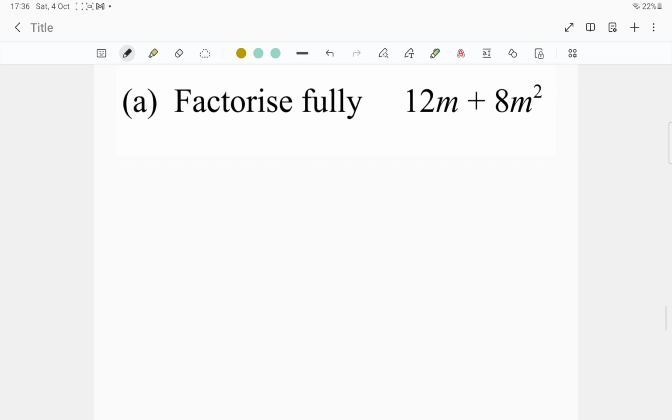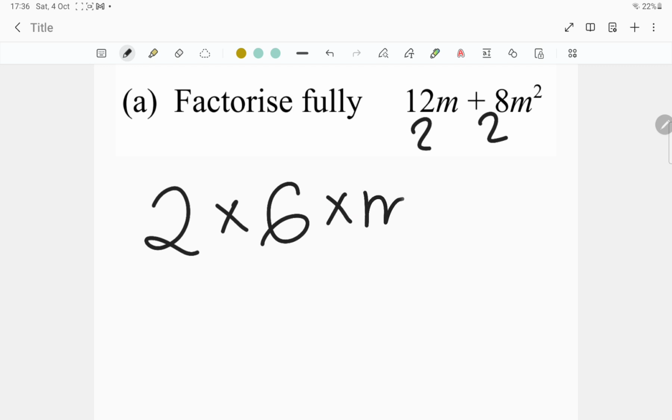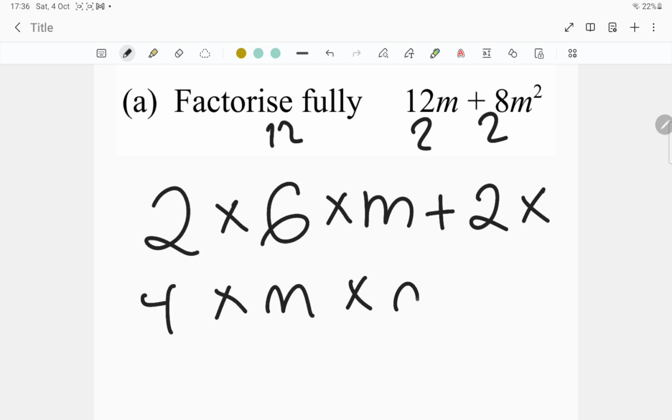Now, it's asking us to factorize fully 12m add 8m squared. Okay, what goes into both 12 and 8? We know 2 goes into them, okay? So we can do 2 times 6 times m for 12, add 2 times 4 times m times m.